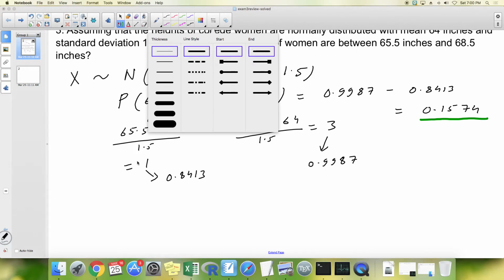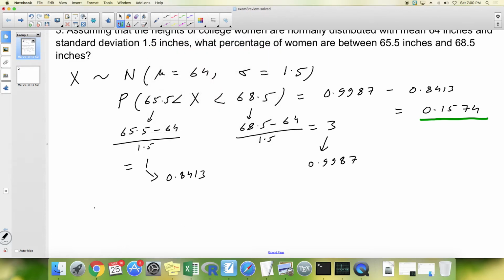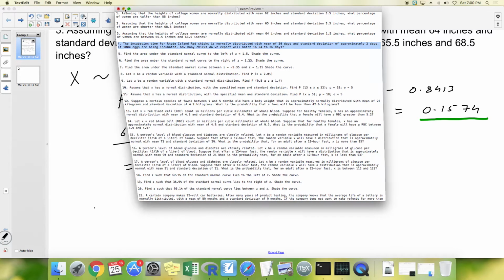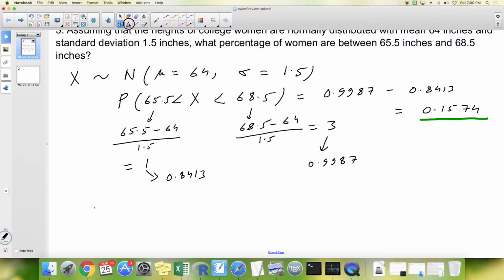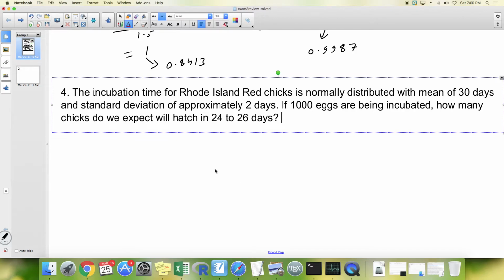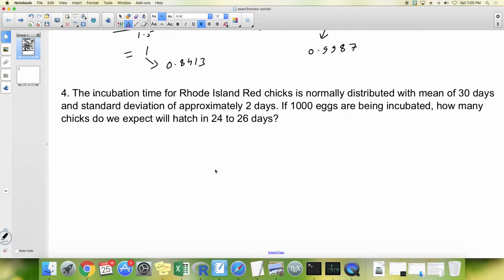Question 4, next question. So this problem is actually in 2 parts.